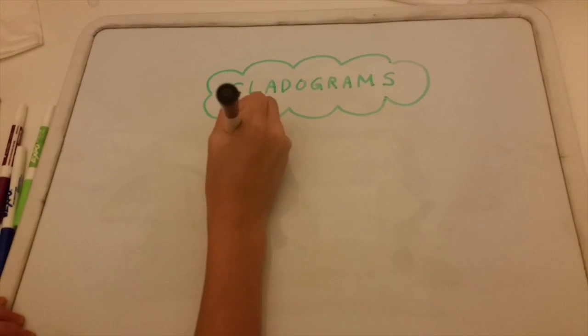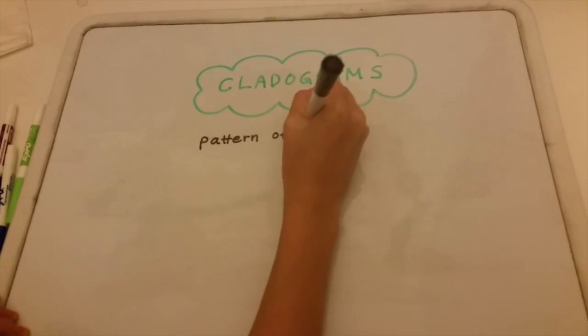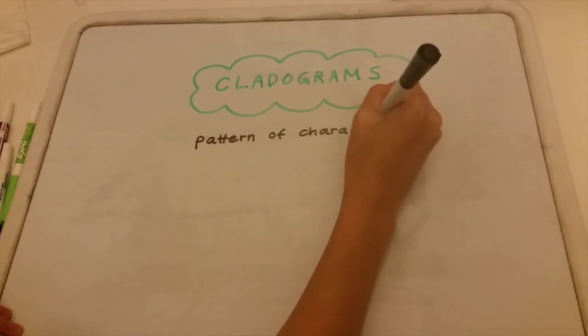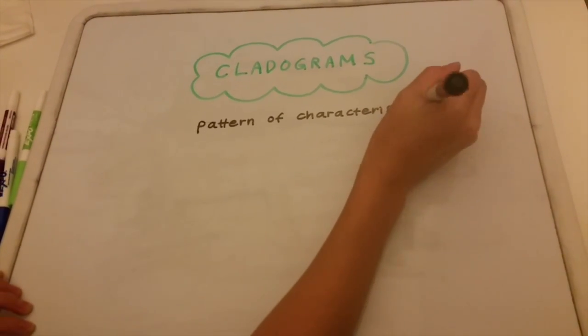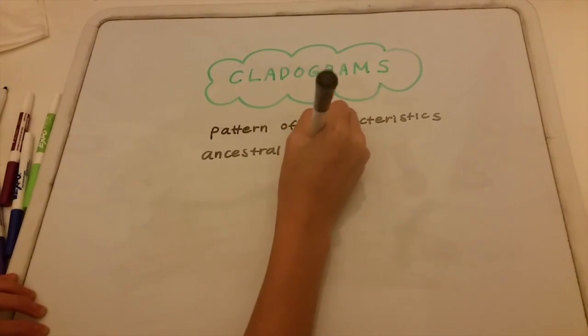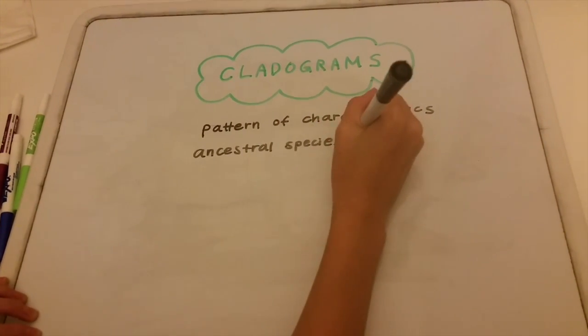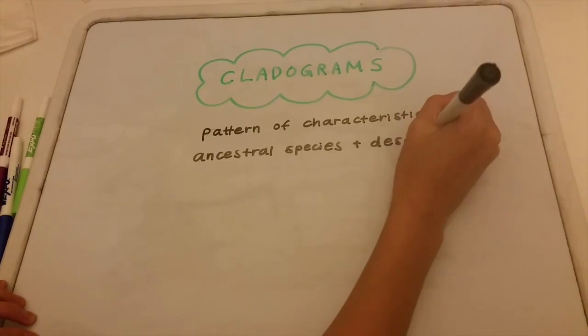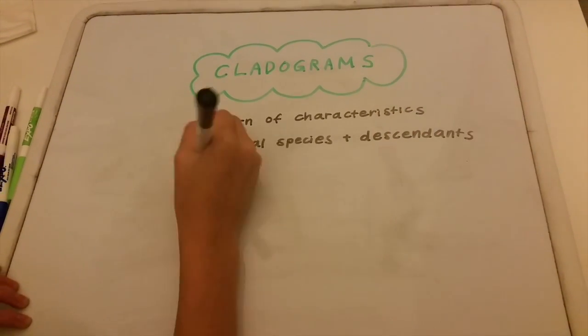A cladogram is a diagram that depicts a pattern of shared characteristics. Within the tree, a clade is a group of species that includes an ancestral species and its descendants.